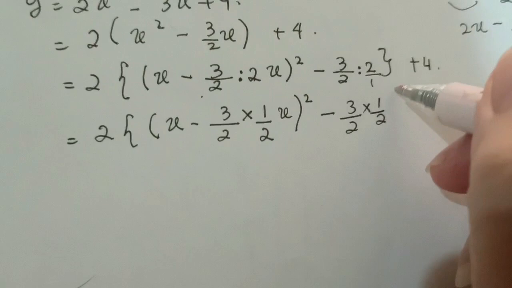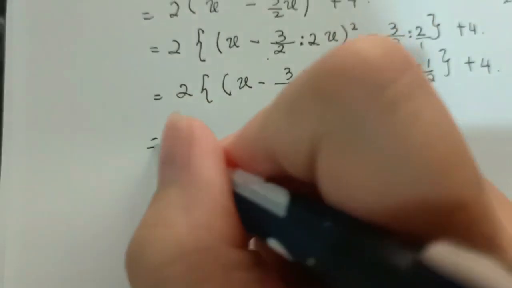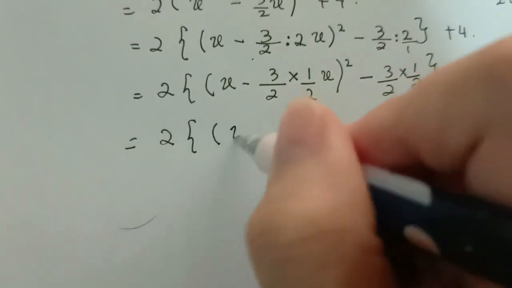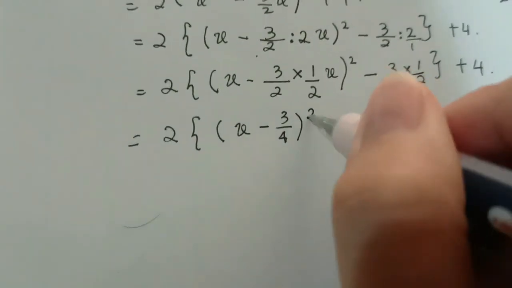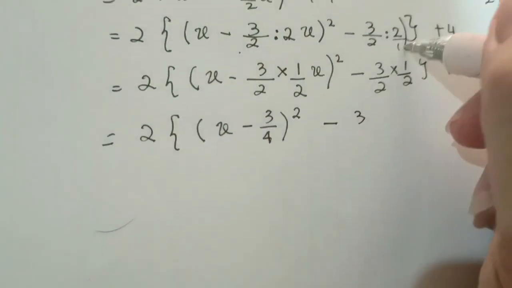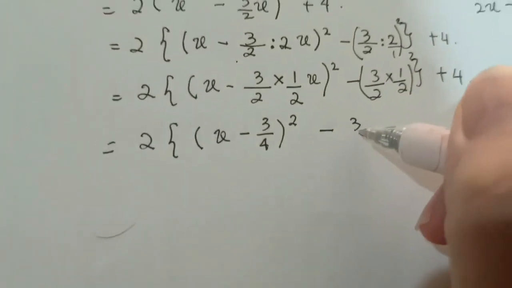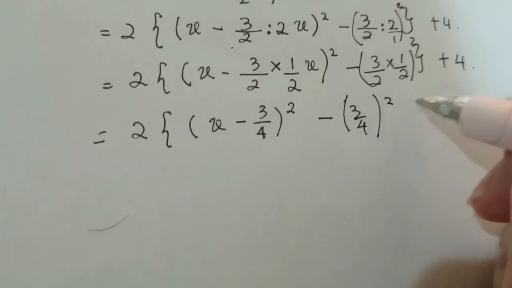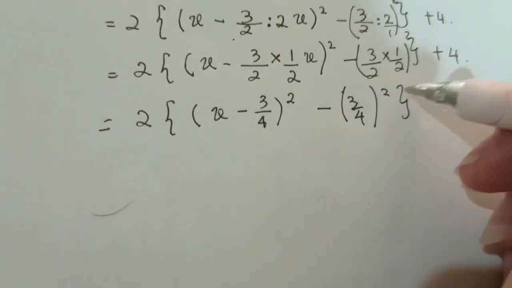The 1 is going up. In the bracket, plus 4 will be 2 in the bracket x minus 3 per 4 quadrat, oh sorry, this one is quadrat, right? This one also got quadrat, don't forget, minus 3 per 4 quadrat, plus 4, don't forget the quadrat over here too.